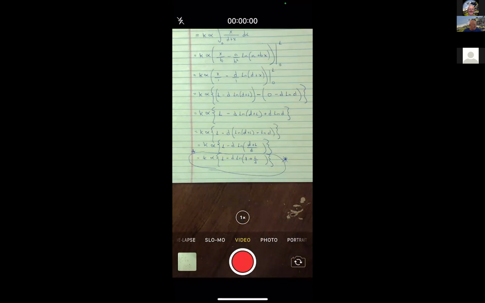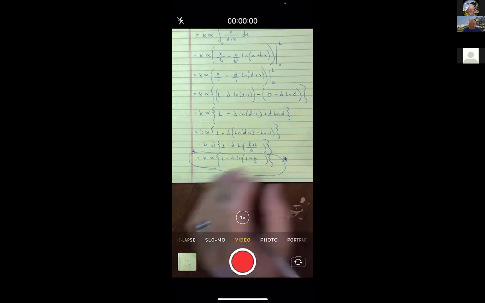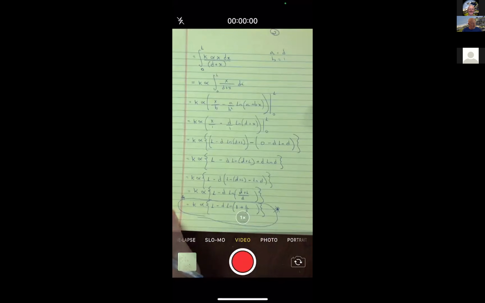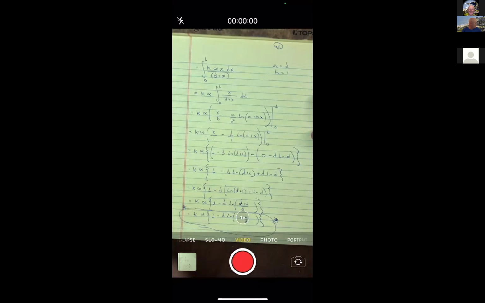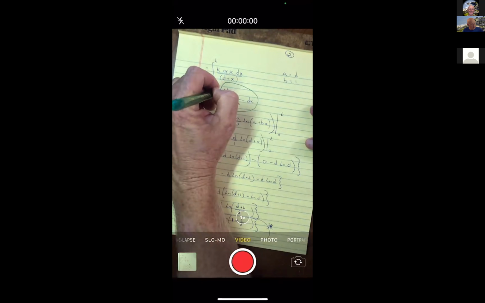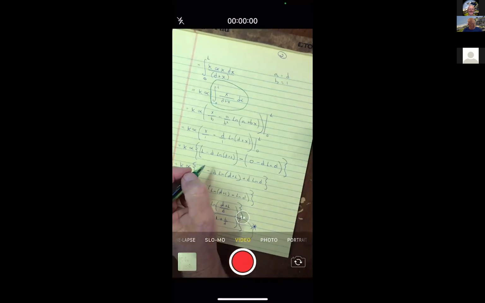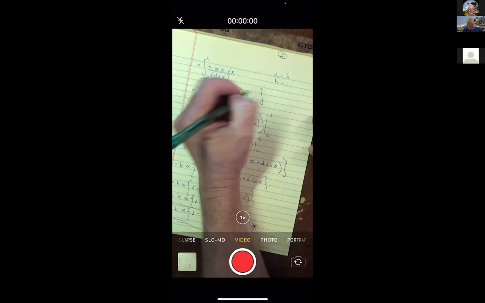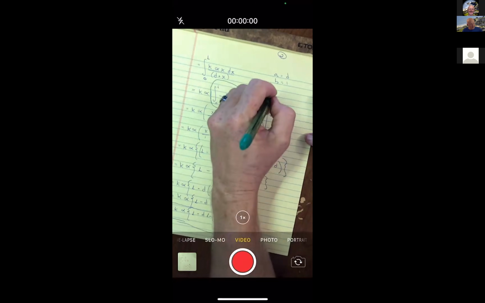So why did b equal 1 when we first used that equation? Oh, so I'm trying to do this integral. And when I look into the textbook, they had this.